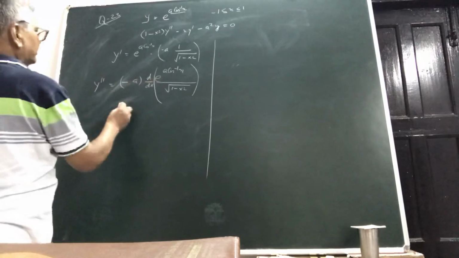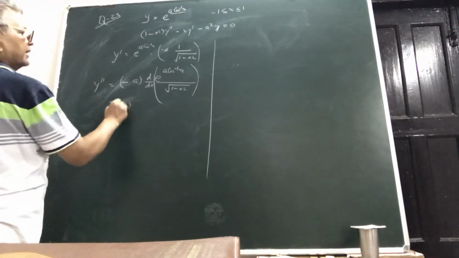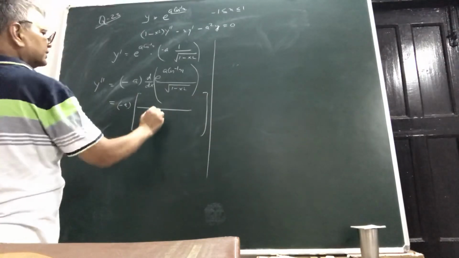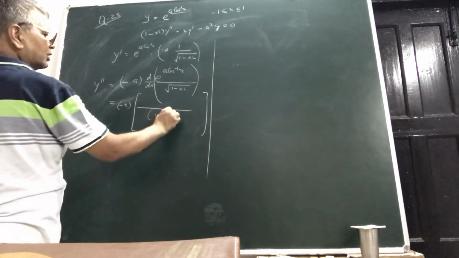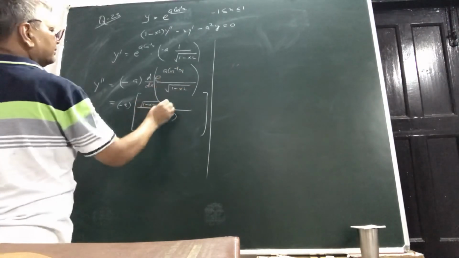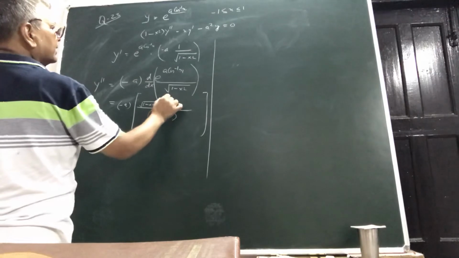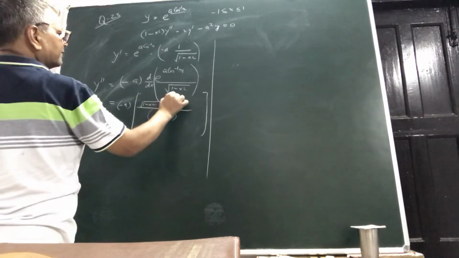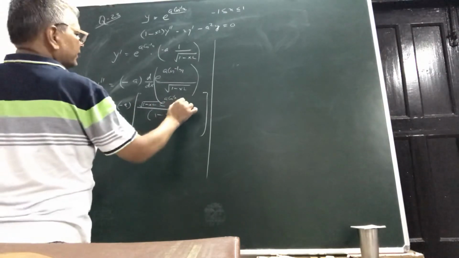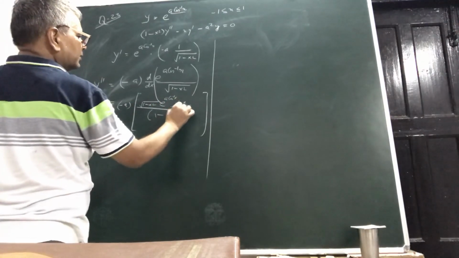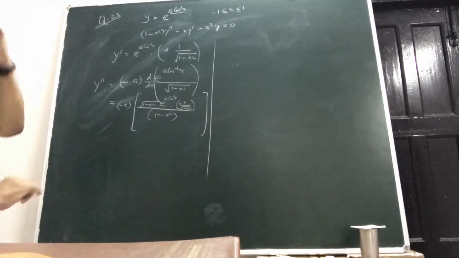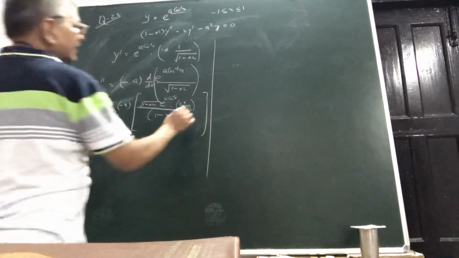So this is the quotient rule. In order to find this derivative, under root 1 minus x square is the denominator. The derivative of the numerator remains the same, e raised to power a cos inverse x, and then the derivative of this thing again, so it will be minus a upon under root 1 minus x square.